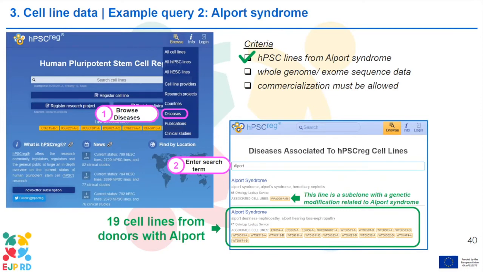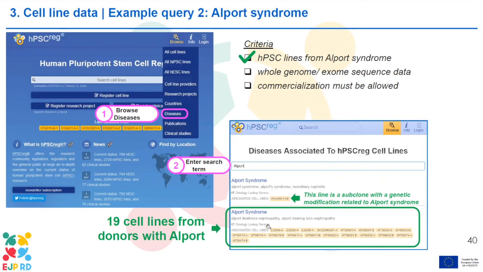And if you have recognized how the stem cell lines are named, you will recognize that this one is actually a subclone because of the suffix -58. So this is actually a subclone that has been genetically modified to contain a genetic variant associated with Alport syndrome. For all of these lines here, there's no subclones in them.